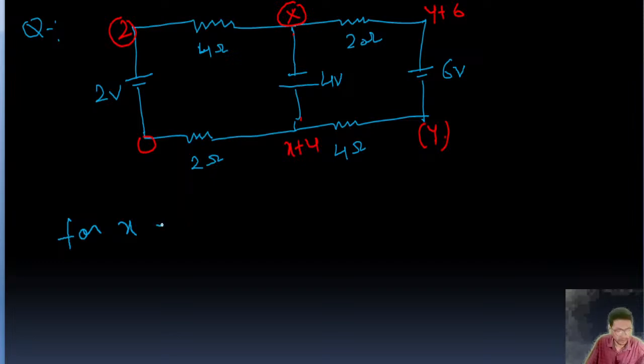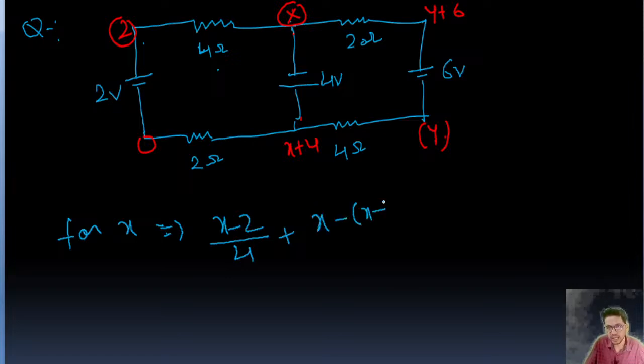For x, this is going to be (x minus 2) upon 4, right? This one I've told you how to do. For x, this is going to be (x minus 2) upon 4 plus (x plus 4) upon 4, right?